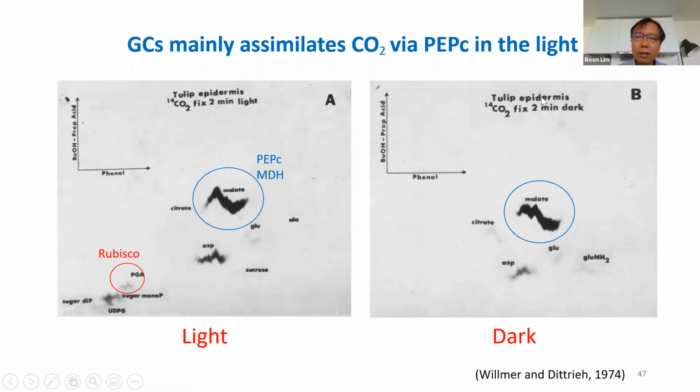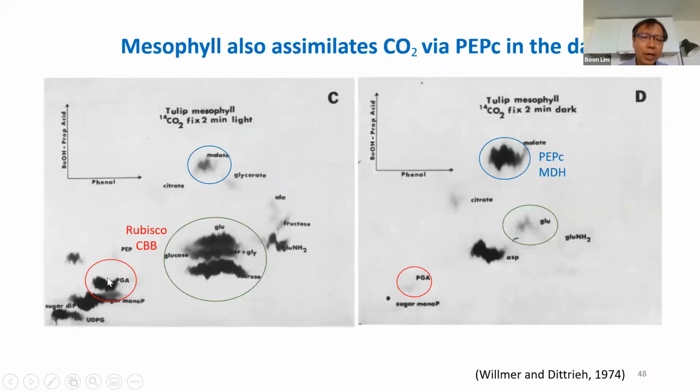Whereas in the dark, it can still fix CO2, but mainly in the form of malate. And if you look at mesophyll, this is guard cell, okay? If you look at mesophyll, we can see that the mesophyll in the light can mainly fix CO2 into PGA and sugar, and a very small amount of malate.